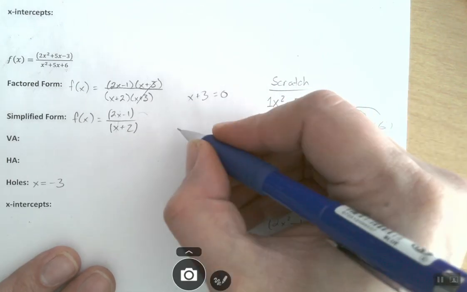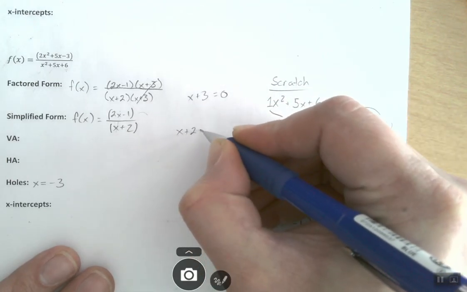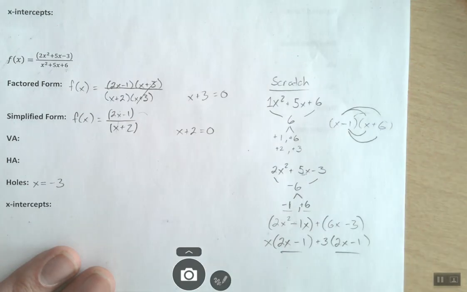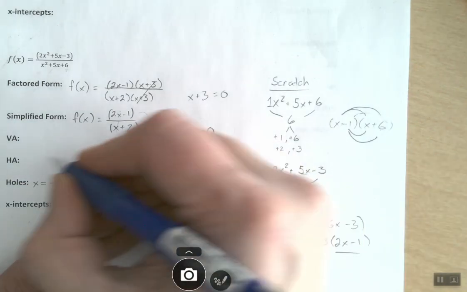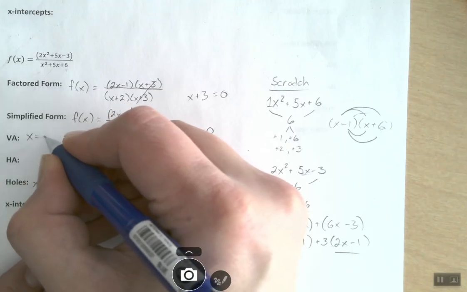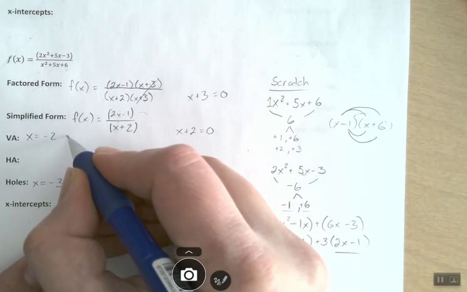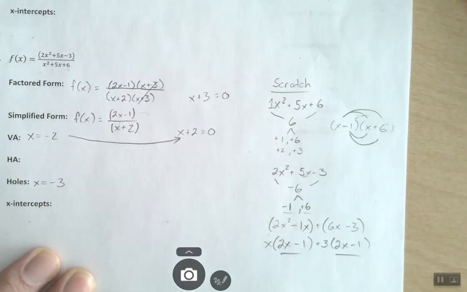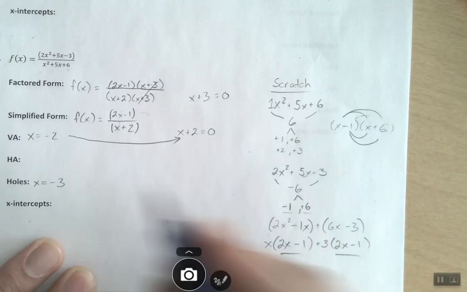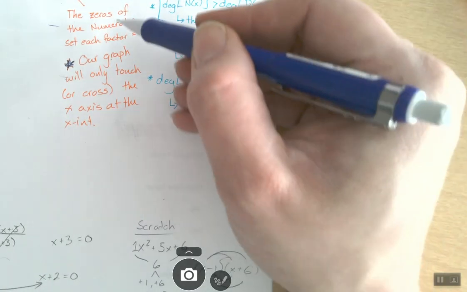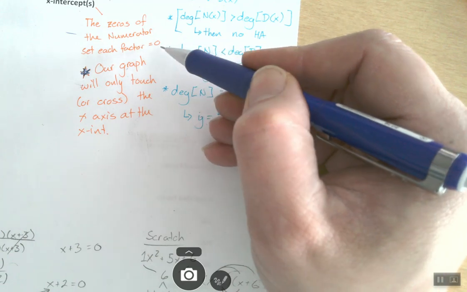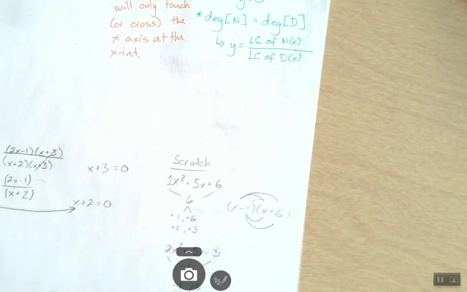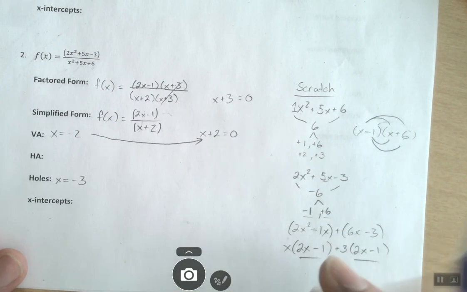If I take that denominator, which is x plus 2, and I set it equal to 0, what do I get for x? X equals -2. Now, if you have this little scratch work, I'm just going to connect them to make sure I can see them when I'm looking at it later. I took the denominator of this, just like it says. I took the denominator, and I found the zeros. There's only one this time. Awesome.